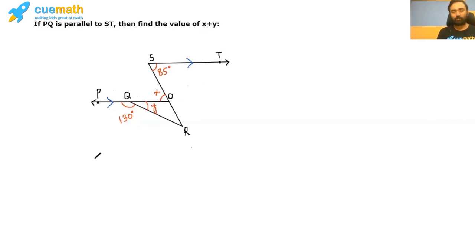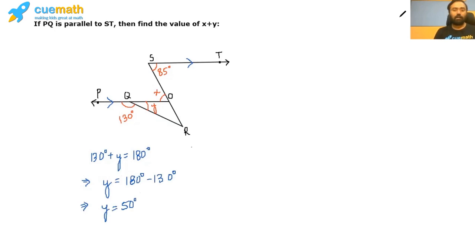It means that the sum of these two would give us 180 degrees. Now this means that the value of Y would be 180 degrees minus 130 degrees, which eventually would give us Y equals 50 degrees.